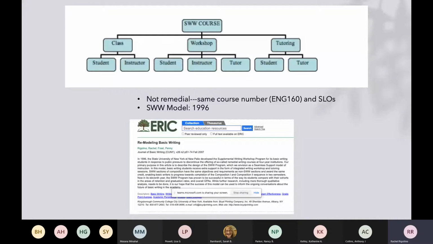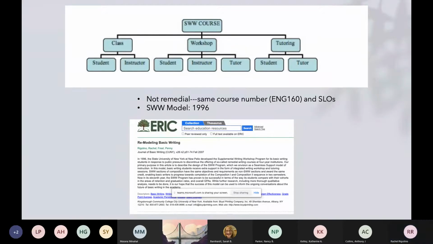What we do offer is a supplemental writing workshop and also tutoring. Students are plugged into the class and the workshop, and they also receive tutoring.